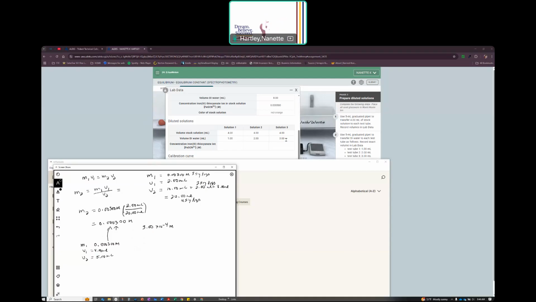And so if that's true, and I'm solving for M2 again, I've still got that M1 times V1 over V2. And so it's going to be that 0.000300 molar times that V1, which is 4.00 milliliters, over that V2, which in this case is 5.00.